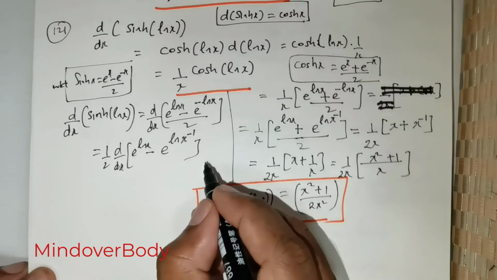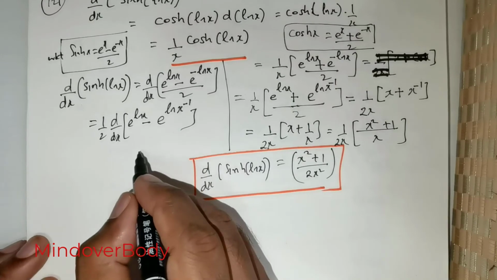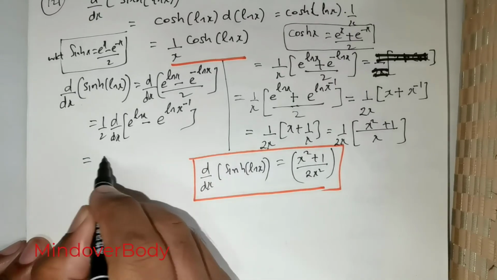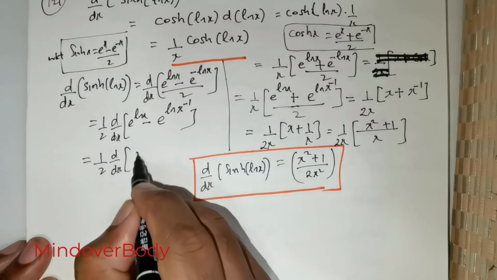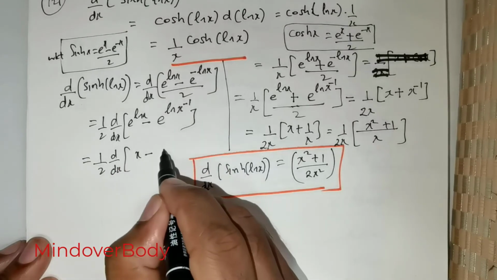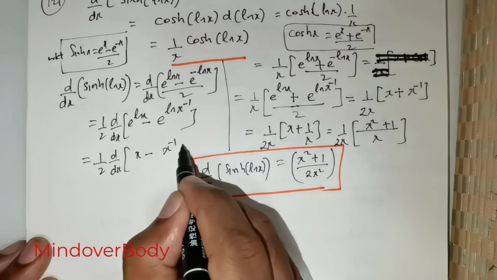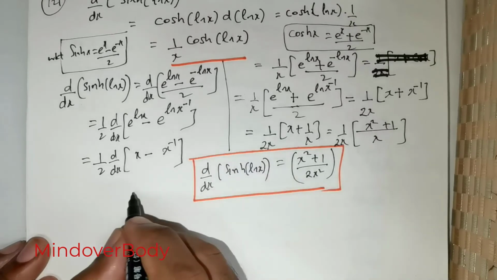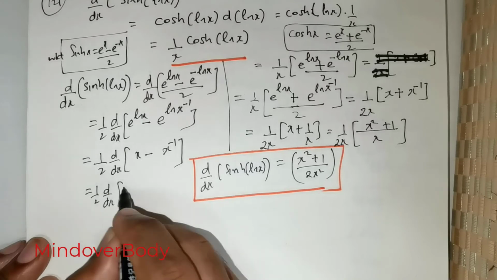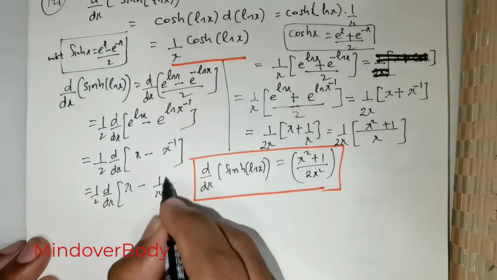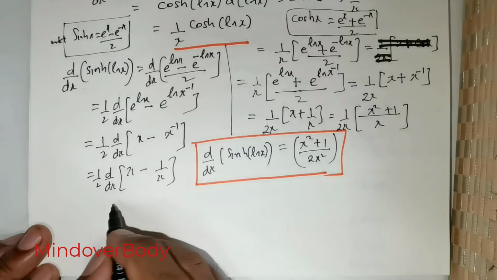So now it's safe to neutralize e and ln. So that's going to be 1 over 2 d over dx of (x minus x to the power negative 1), right? So this is equal to 1 over 2 times d over dx of (x minus 1 over x). This is what I've got.